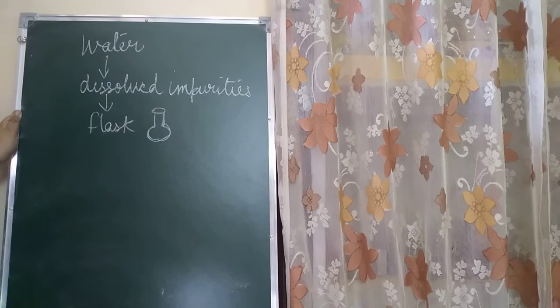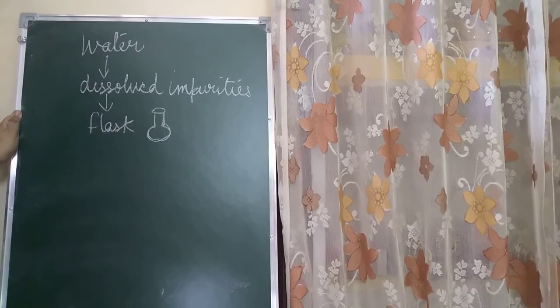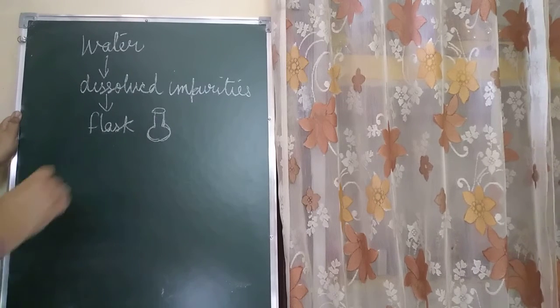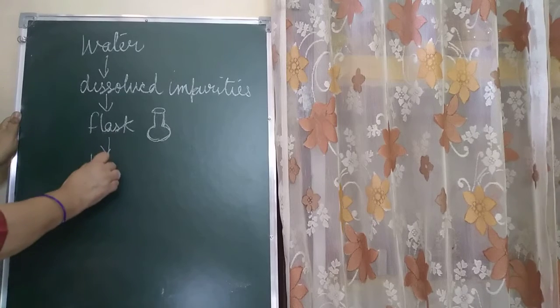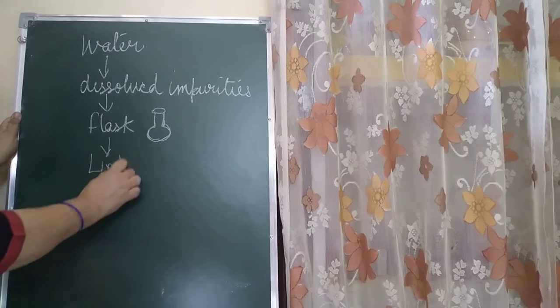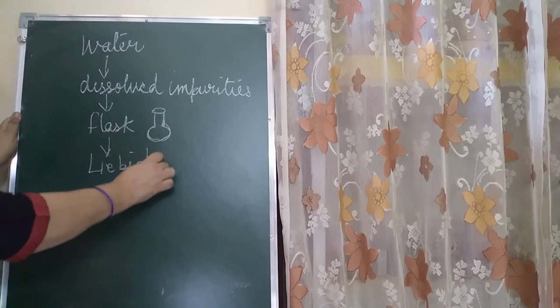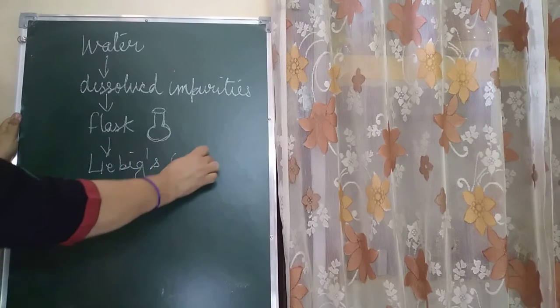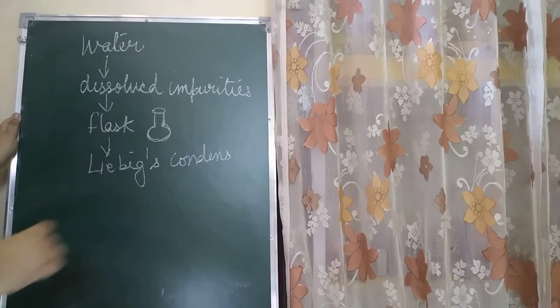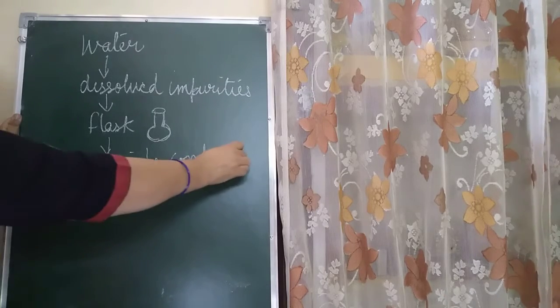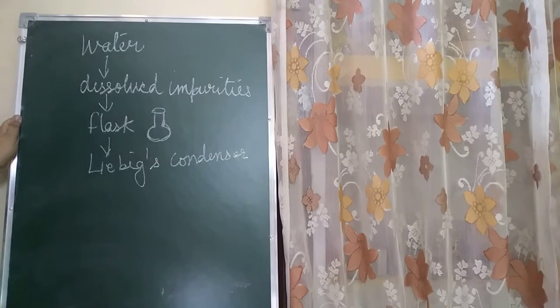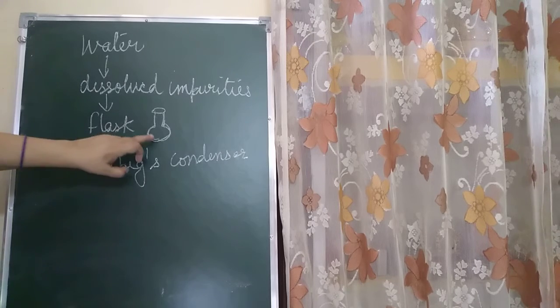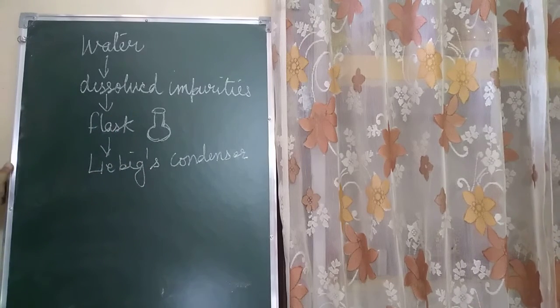Then what happens? An apparatus called Liebig's condenser is fitted to the flask to cool the water vapor.